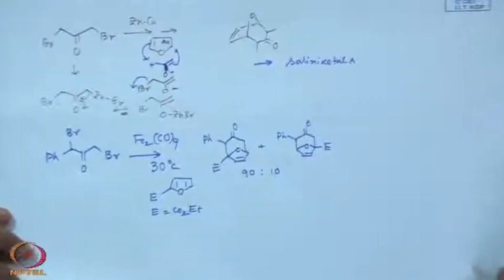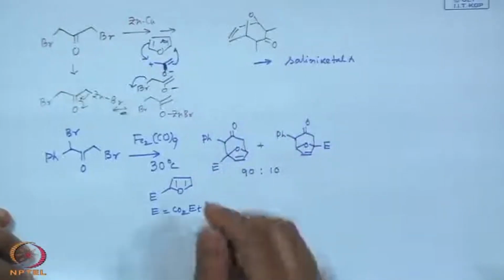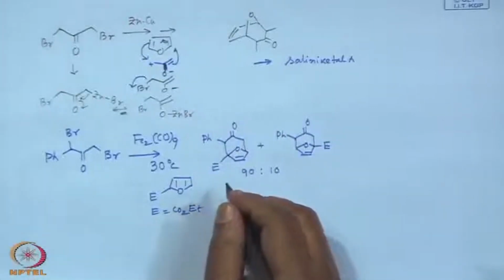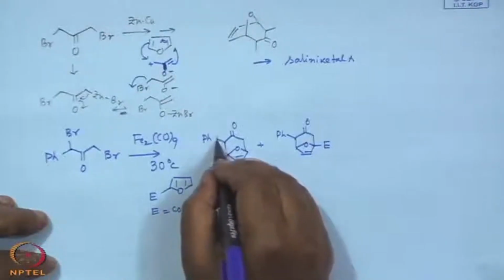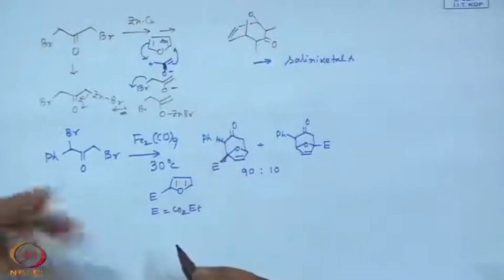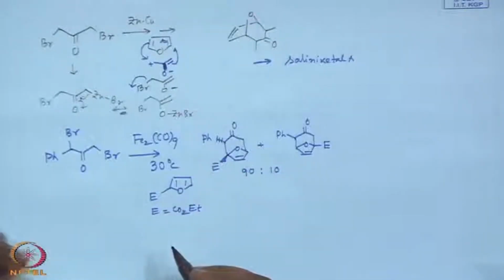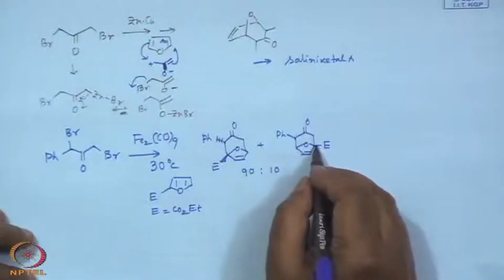Now, what I did not tell you in the first example is that there are other things here that you have to be a little worried about, the stereochemistry, by virtue of phenyl and ethyl being on the same side and in the vicinity. So, one can quickly say that if this phenyl is alpha, then the ester is beta because of simple steric reasons, and in this case also this is alpha and this is beta.